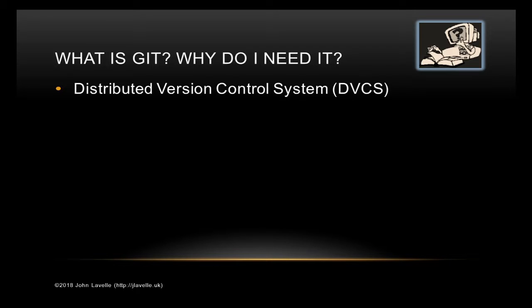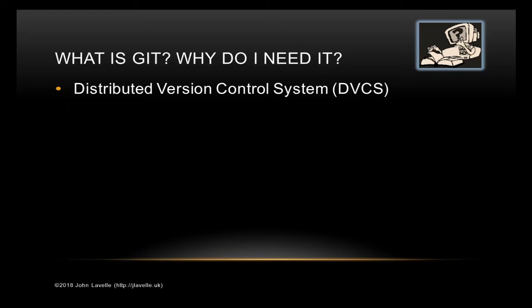Well, Git is a distributed version control system. So let's turn that into English. What this basically means is that you have versions of your software, and as you create new versions, it stores the old versions. And if you work in a team or if you work on more than one computer, then you can distribute these versions to the team and to the other computers.